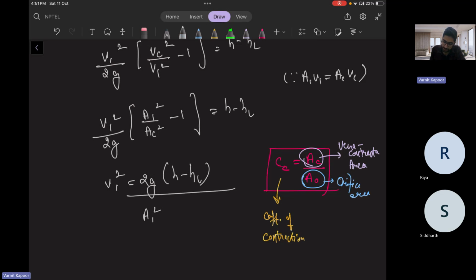So you can write this AC in terms of A naught, that is (A1 by CC A naught) square minus 1.